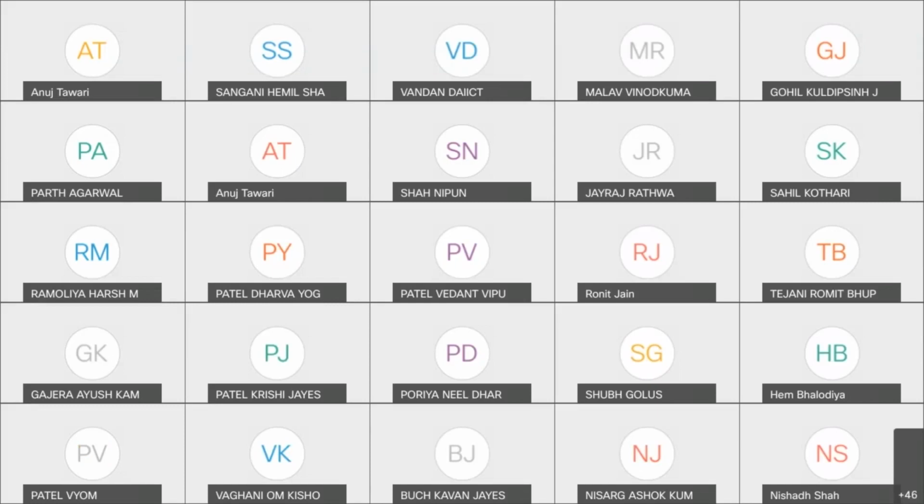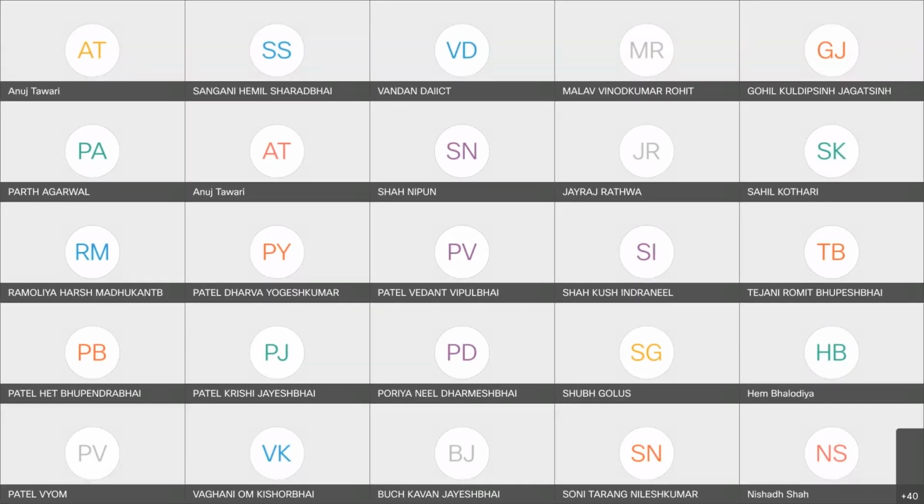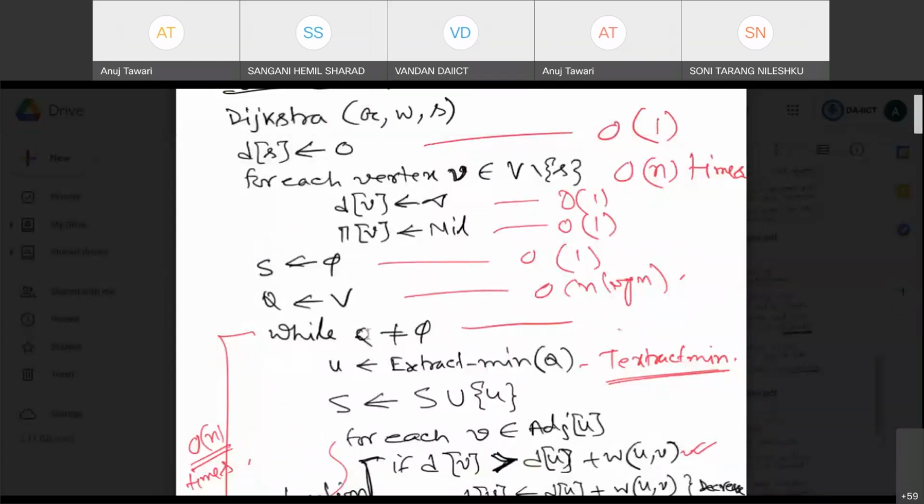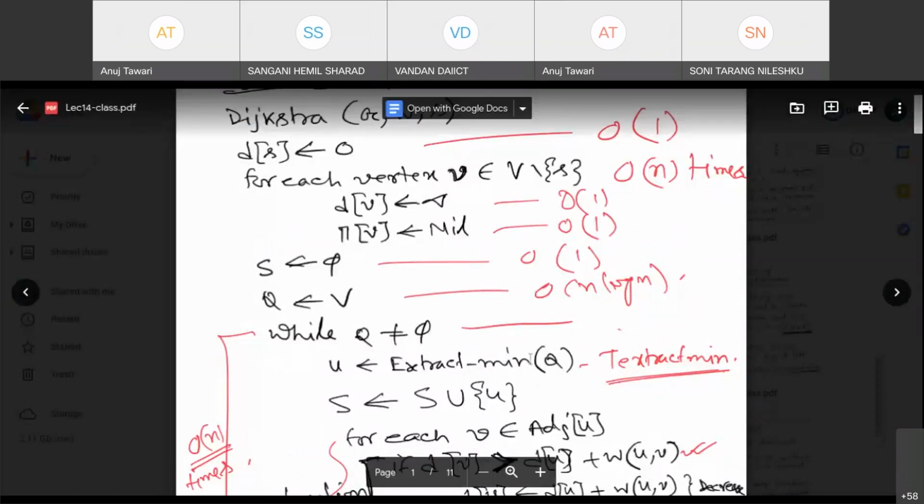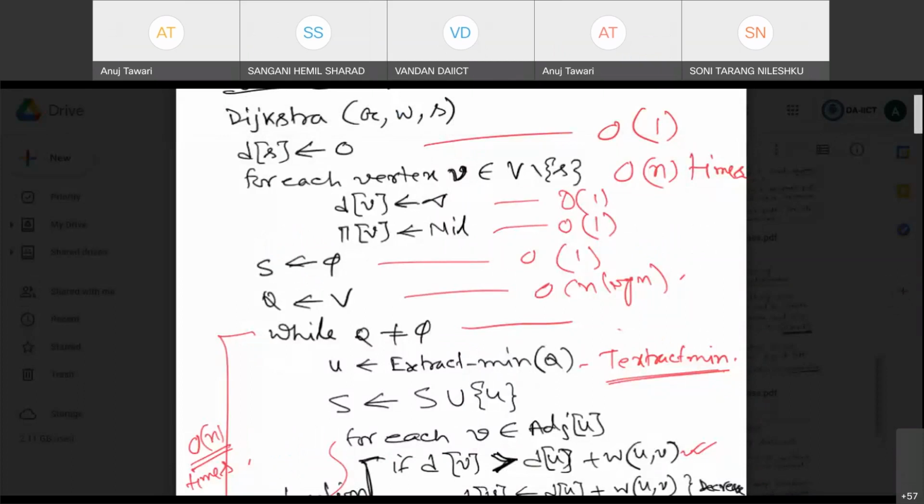What is the extract min procedure? Extract min is just you are given this priority queue and you want to find the minimum element in this set S, the minimum value of D. So you know how to find the minimum, right?